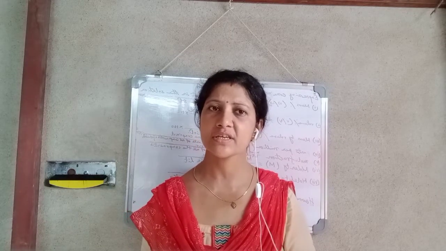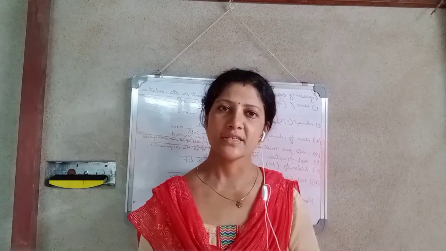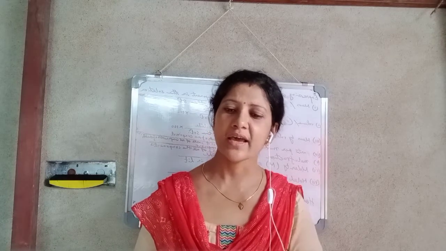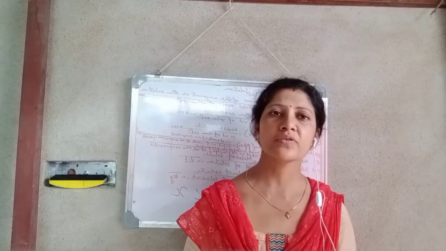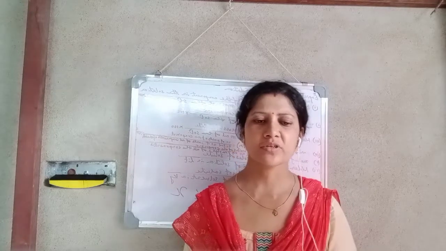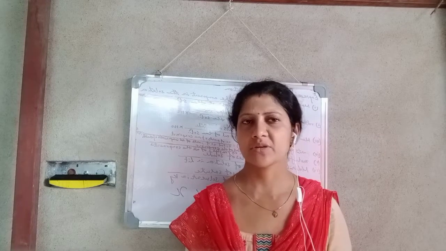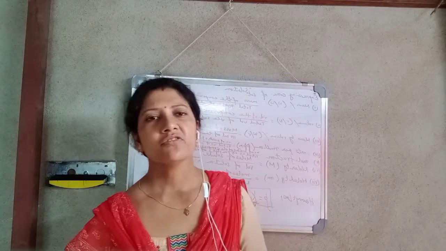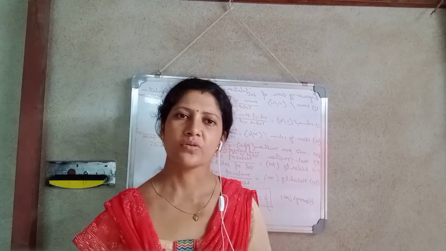I am saying once again, solubility of a substance is the maximum amount of solute that can be dissolved in a specified amount of solvent. Okay, and it depends on the nature of the solvent and solute, as well as temperature and pressure. Okay, now the solubility of a gas in liquid is expressed by Henry's law.